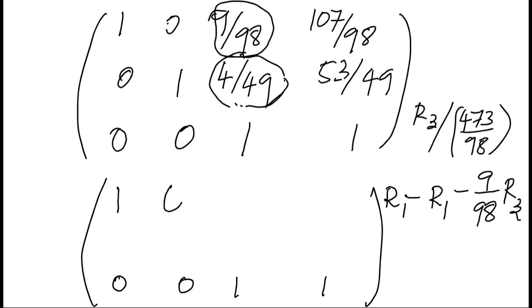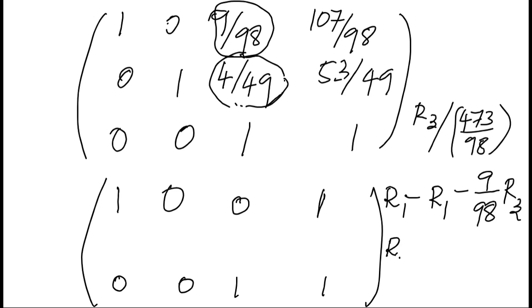So the first two elements will be 1, 0. The third element will be 0 because 9 by 98, that is your row 1 element, minus 9 by 98 into the corresponding R3 element, which is 1, gets cancelled. So you are getting 0. And the next element is 107 by 98, minus 9 by 98 into the corresponding R3 element, which is 1. If you simplify this, you will get 1 here.